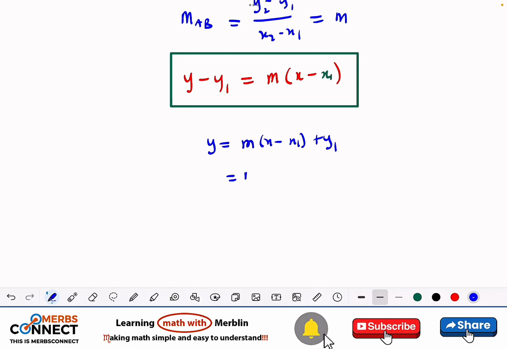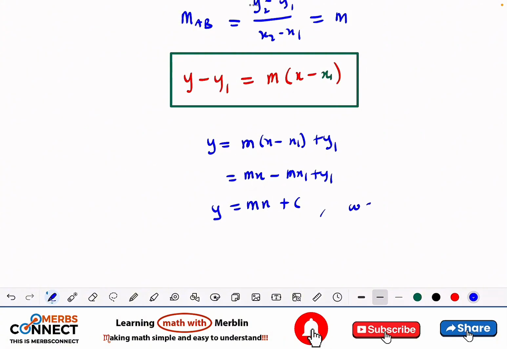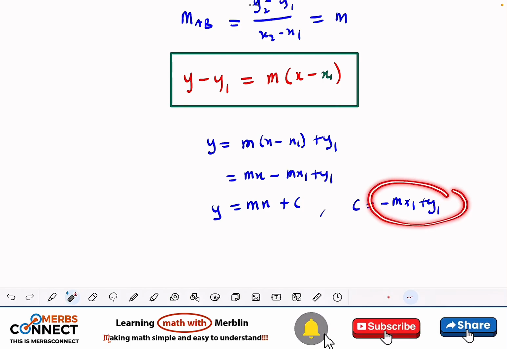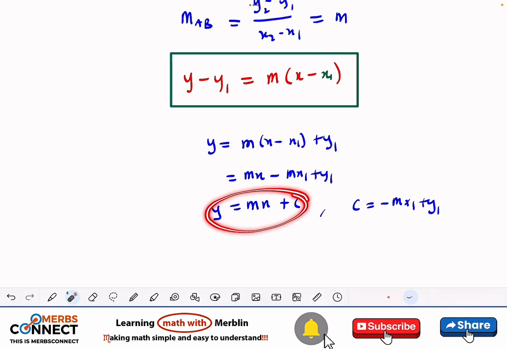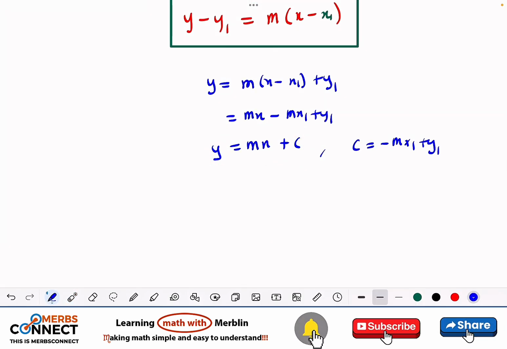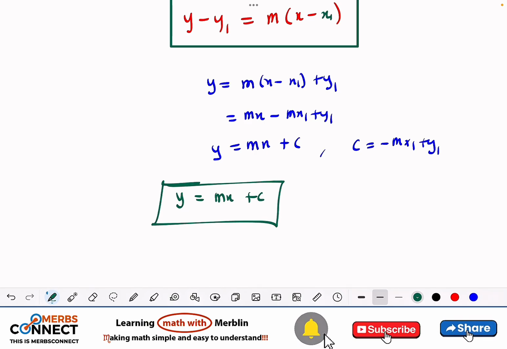And this is the same as mx minus mx1 plus y1, and this is the same as plus c, where c is equal to minus mx1 plus y1. So whenever you write it in this form, which is also very important, let me just write it here and circle it. So y equals mx plus c. This one too is very important.